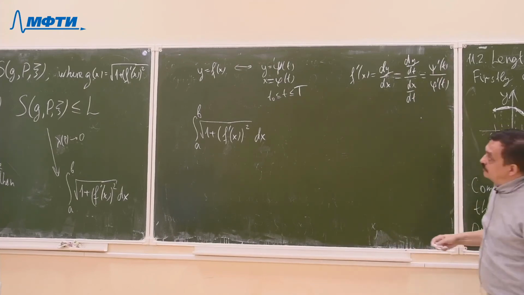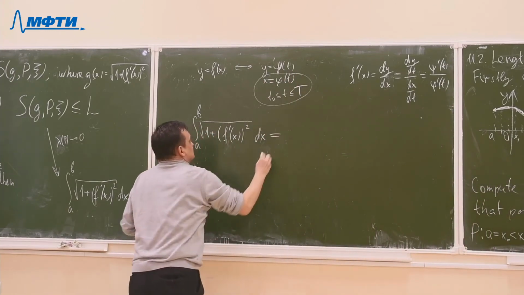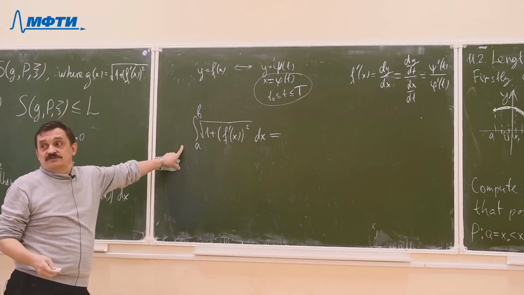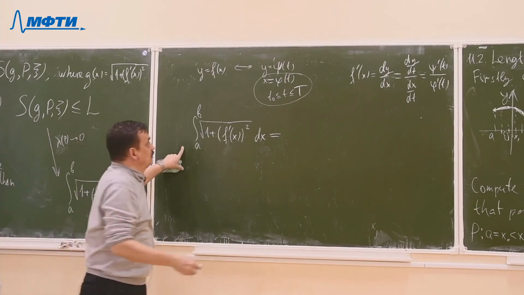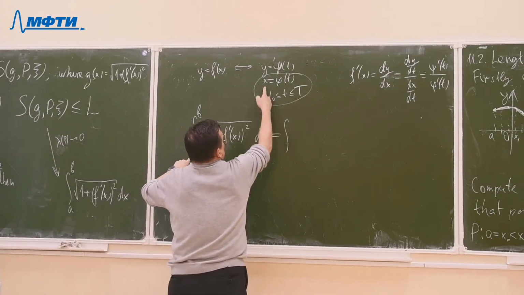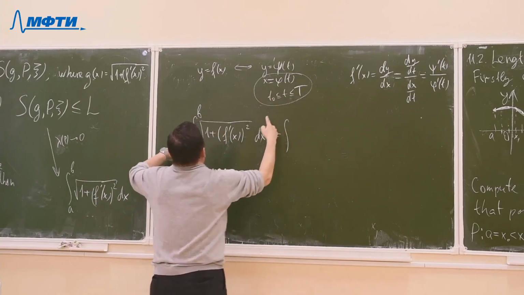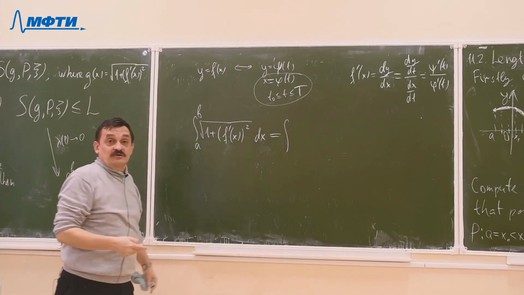And then we do this as a substitution into the integral. We suppose that a and b are values of x which correspond to values of t.